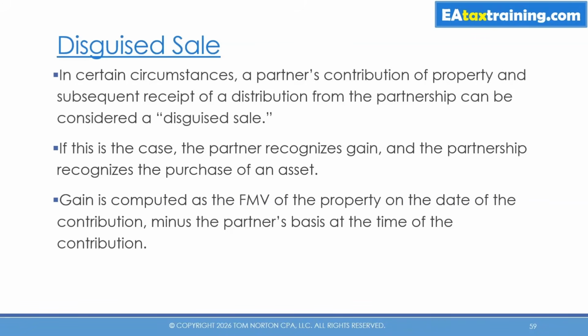You just tried to make it look like a tax-free contribution followed by a distribution of cash from the partnership. But we know what you were really doing. So we're going to force that partner to recognize a gain on the sale of that building. And that gain is computed by the fair market value of the property on the date of the contribution minus the partner's basis at the time of the contribution.